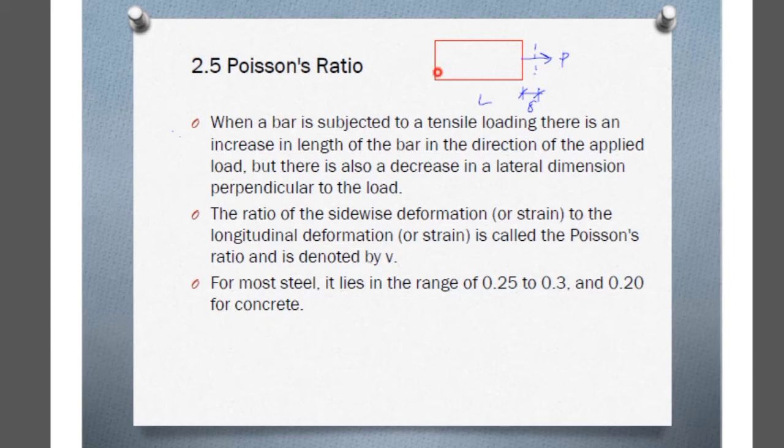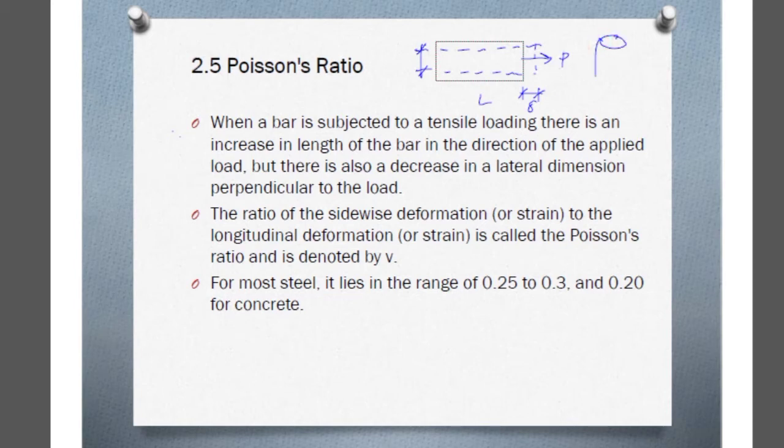So meaning, ito yung mangyayari sa kanya, no? So magkakaroon siya ng decrease sa dimension na to. And ang kabaliktaran nito, if we apply a compressive force sa isang body, so that would shorten the body.